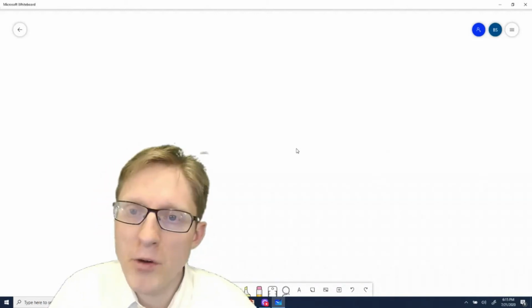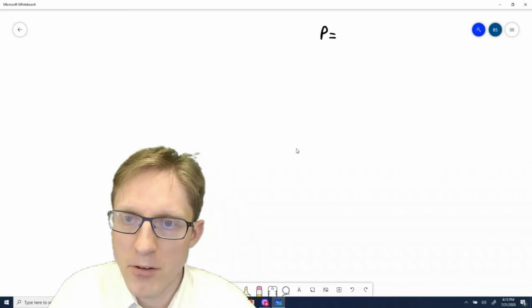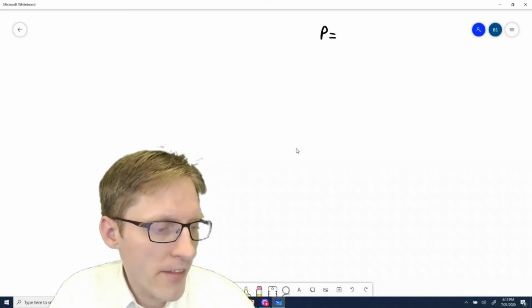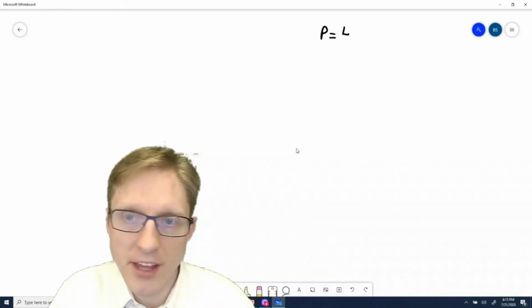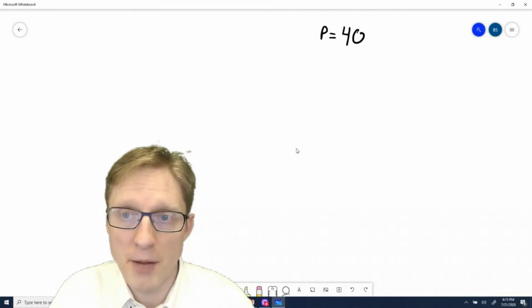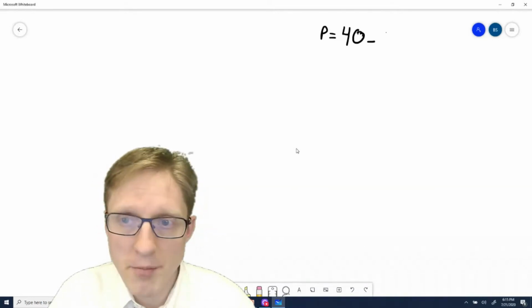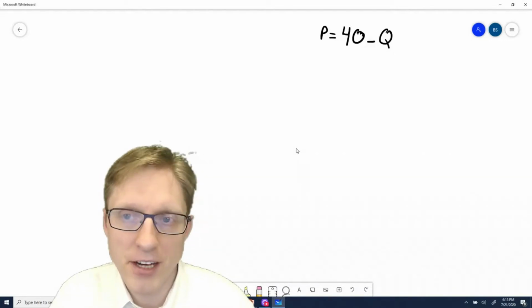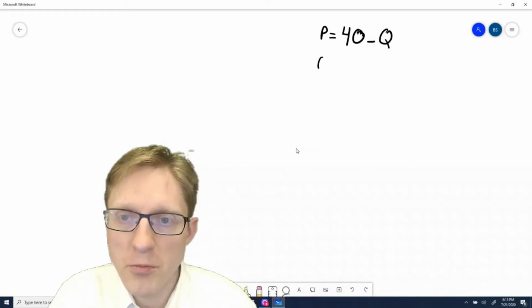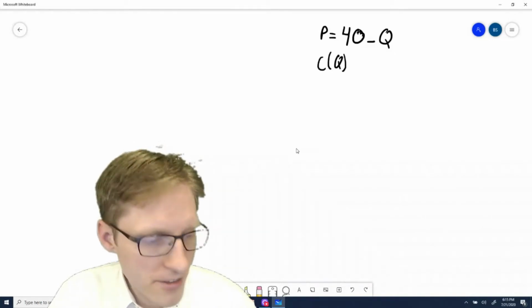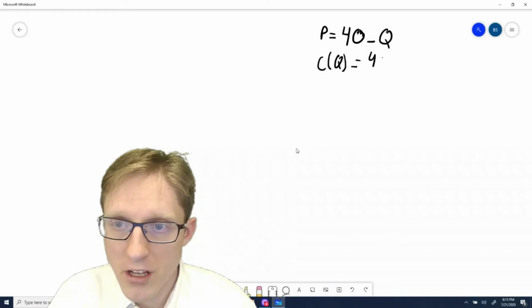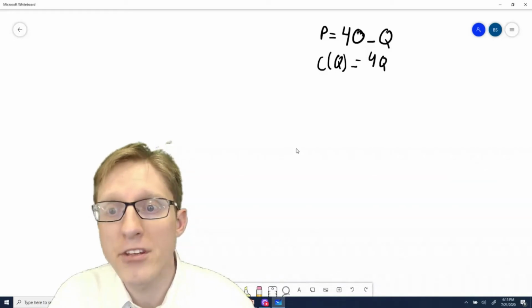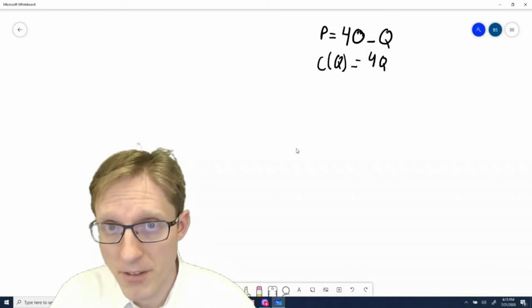Suppose that the two respective equations are that the inverse demand is that the price that this firm is able to charge, assume it's a monopoly firm, is equal to 40 minus Q, the quantity that they produce. So this is the inverse demand curve in the market. It's also the inverse demand curve faced by that firm. And we'll assume that the cost function is given by 4Q. So the total cost of producing Q units is equal to 4 times the Q units.